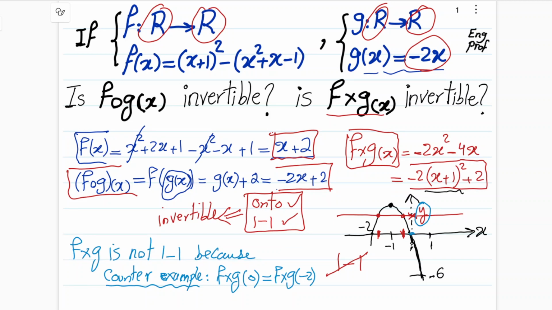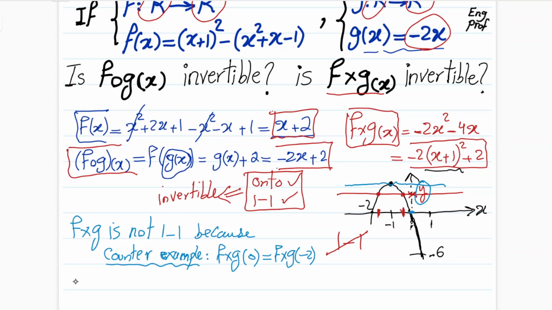And for onto, it's obvious as well. You can see visually that this function on the y-axis never goes above 2. So you're not able to realize a value of +3 at the output of this function. But for the proof we are done, because you just showed that the product of f and g is not one-to-one, not injective.